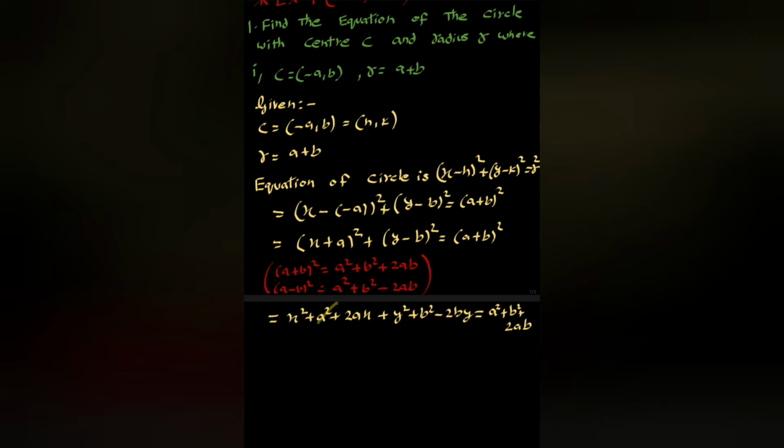Here a square, b square get cancelled. Then the remaining is x square plus y square plus 2ax minus 2by, and when plus 2ab comes towards left side, it becomes minus 2ab equal to 0. So this is the equation.